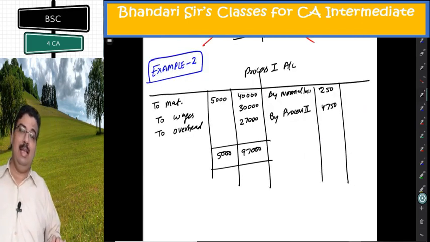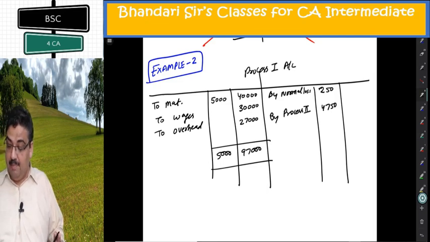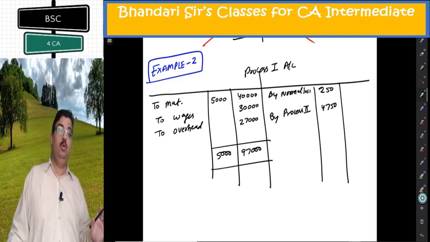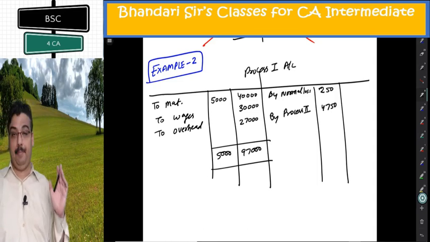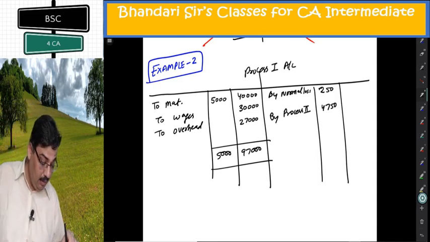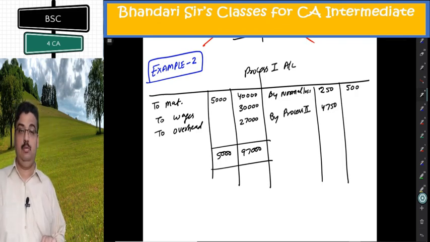Example 2 is exactly the same except that there is scrap value realizable, 2 per unit. 2 per unit can be realized for the normal loss scrap. So I am going to get on the credit side 500 rupees for normal loss.